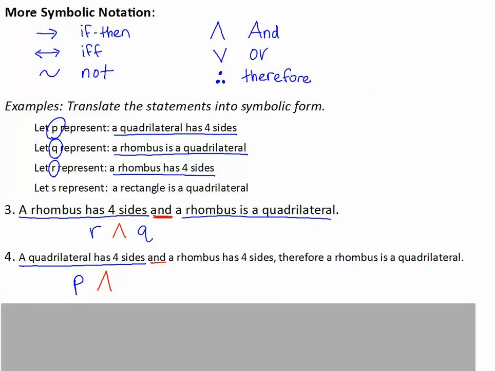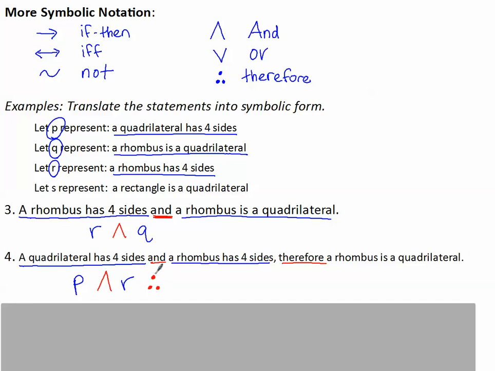Then it says a rhombus has 4 sides, the letter R. Therefore, that's the 3 dots in the shape of a triangle. Therefore, a rhombus is a quadrilateral.